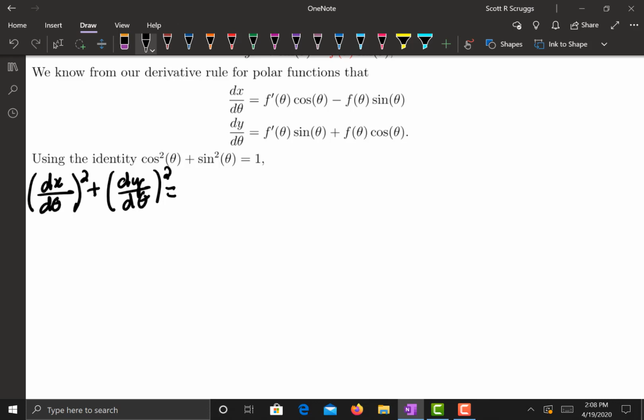So let's take the derivative of x with respect to theta squared and the derivative of y with respect to theta squared.